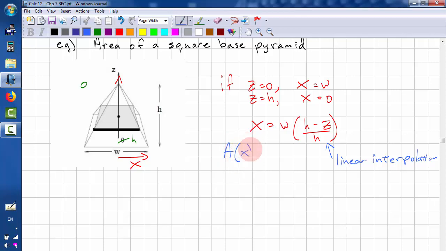Our area is x squared. If we want our area in terms of z, then we have this function, w times h minus z over h, and this is all squared.